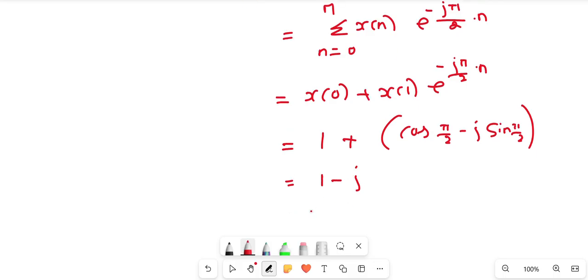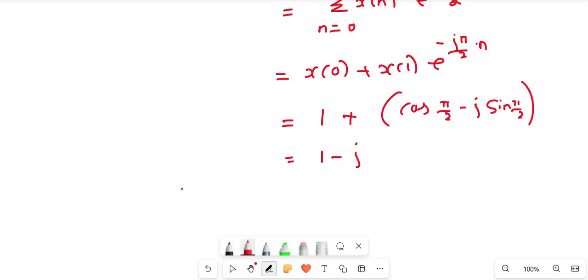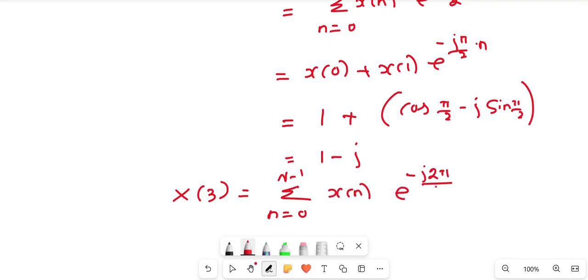Now next, x of 3: the summation of n equal to 0 to n minus 1 of x of n into e power minus j 2 pi by 8 into n into k, where k is 3, so 3 pi by 4.